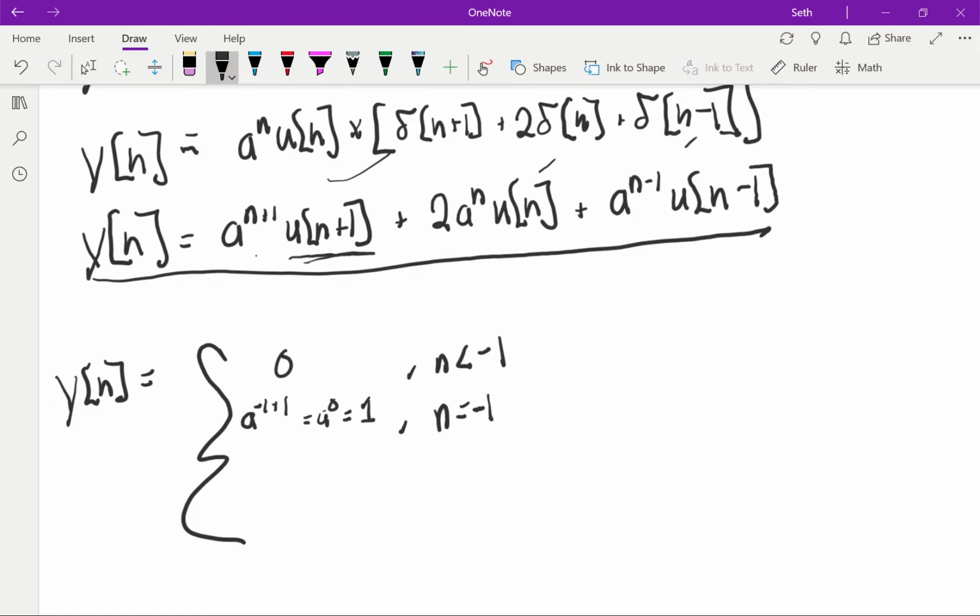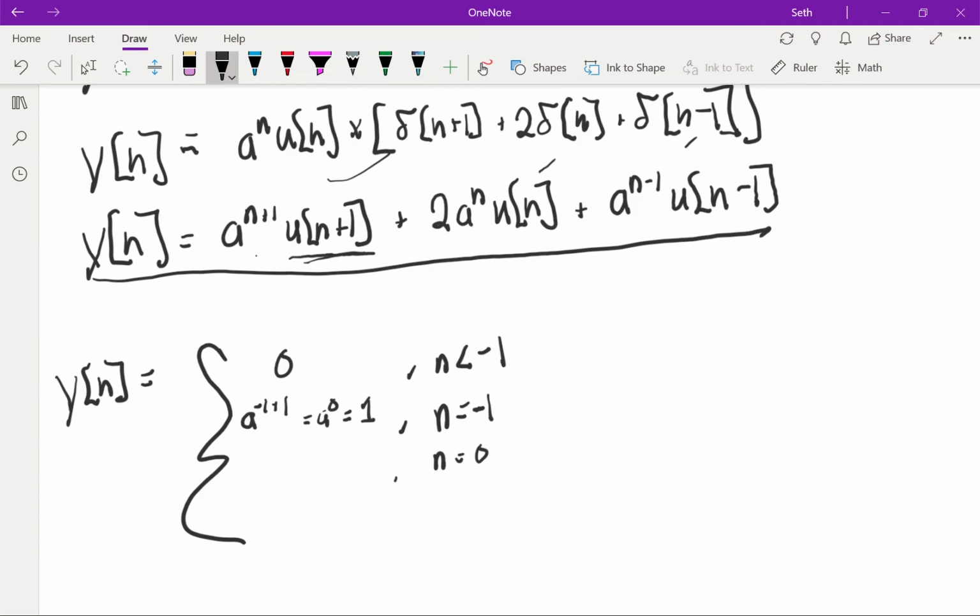Okay, so our next one that we want to consider is n equals 0. And at n equals 0, u of n plus 1 is active, and u of n is active, but u of n minus 1 is not active. It's 0, so we don't need to worry about the last term yet.